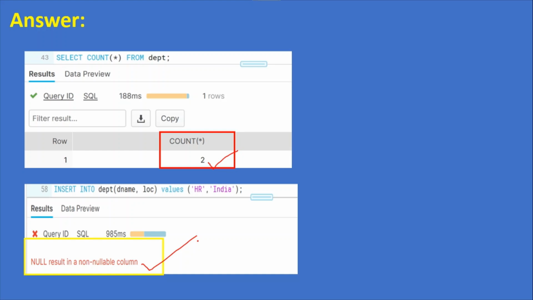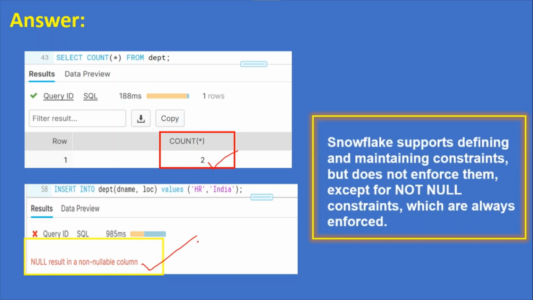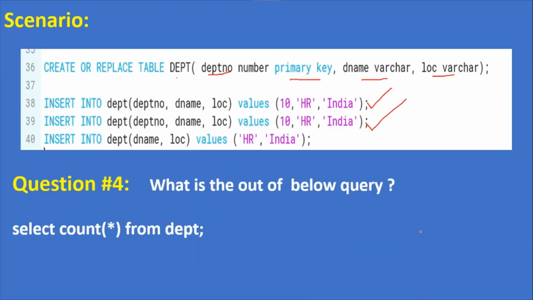Please note that Snowflake supports defining and maintaining constraints but doesn't enforce them, except for not null constraints, which are always enforced. Let me go back to my previous slide. Here we have inserted a duplicate value for the department number even though the column is a primary key.